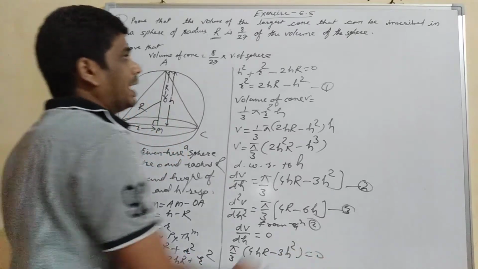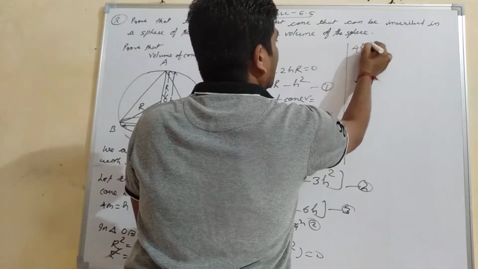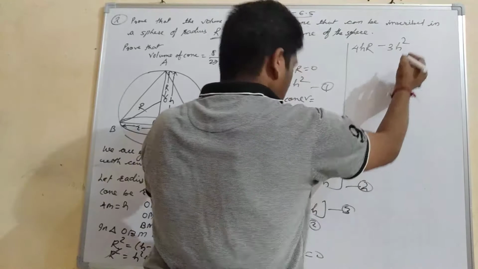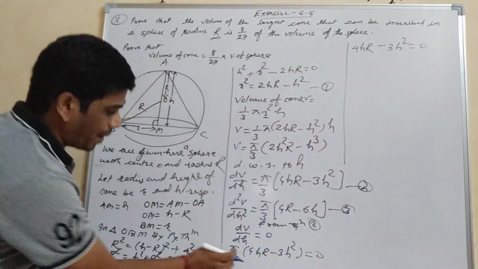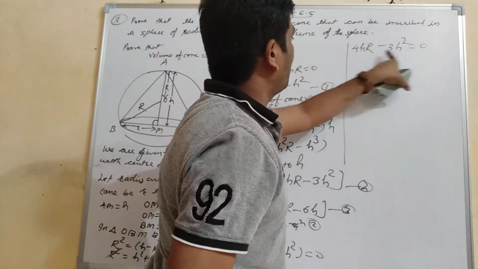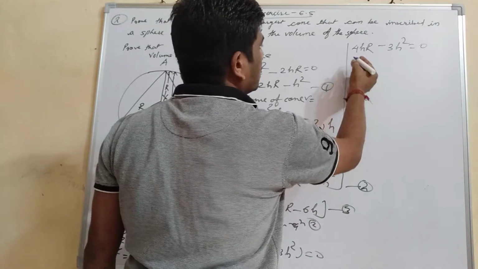Which means we can write 4hR minus 3h square equal to 0, because pi by 3 is not equal to 0, so the bracket must equal 0. So we will compare the bracket with 0, and you can get the value of h.